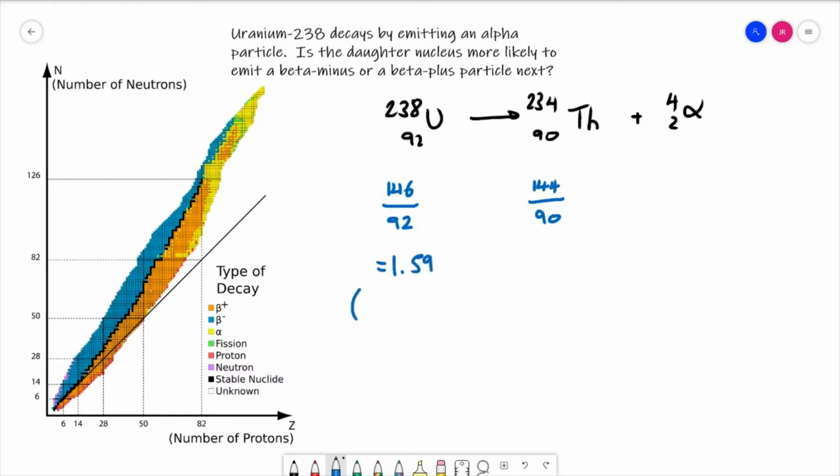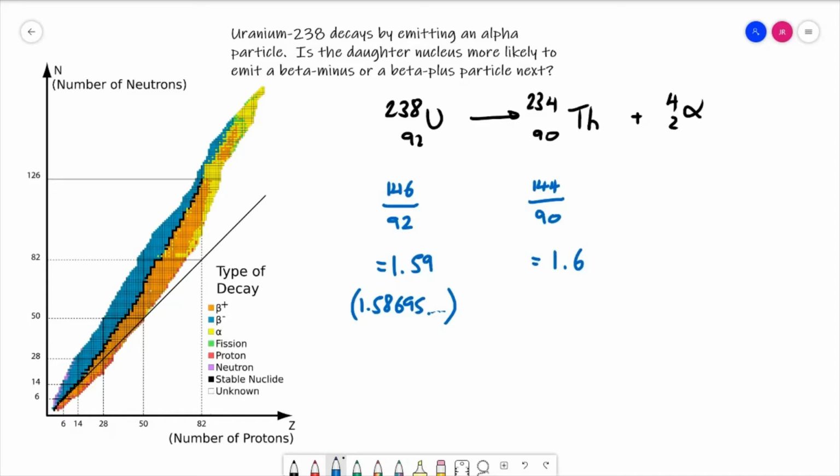Now actually on the calculator before we round, we're actually going to end up with 1.58695, etc. So we have actually rounded up to get that 1.59. For the thorium, the NZ ratio is exactly 1.6.